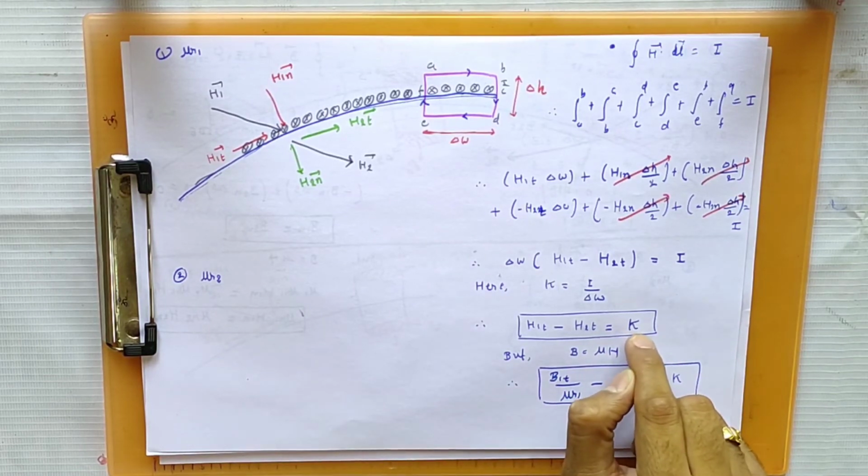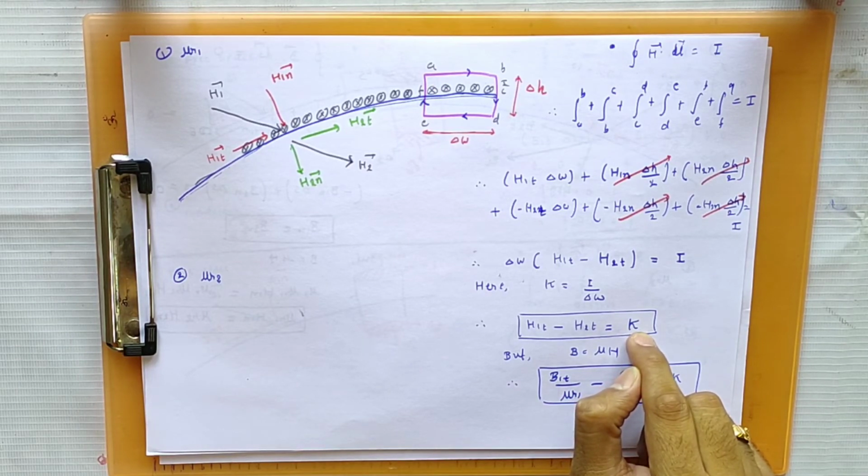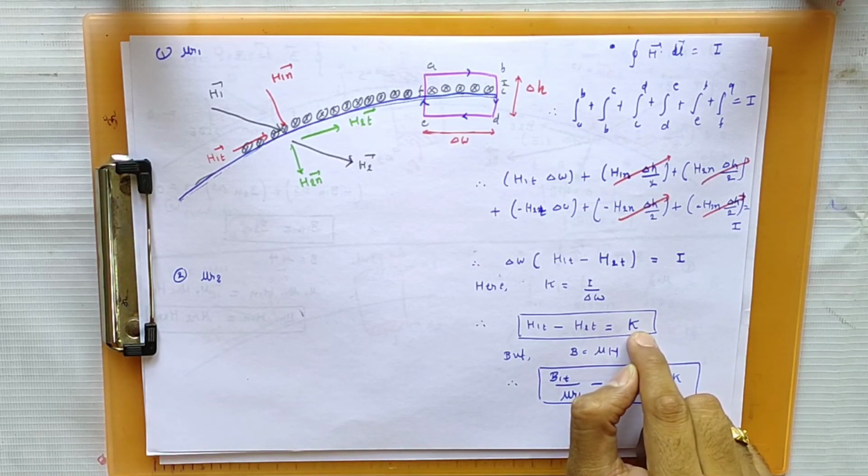It depends on the surface current density, only and only the surface current density. Clear? Now we have to find out the direction.